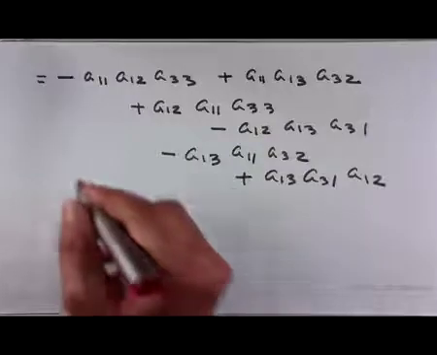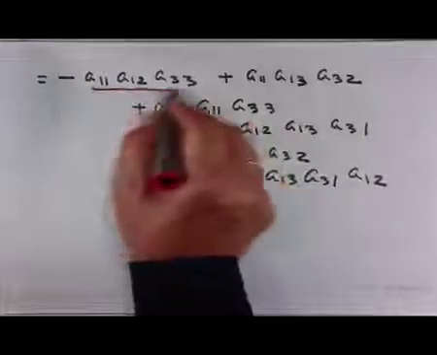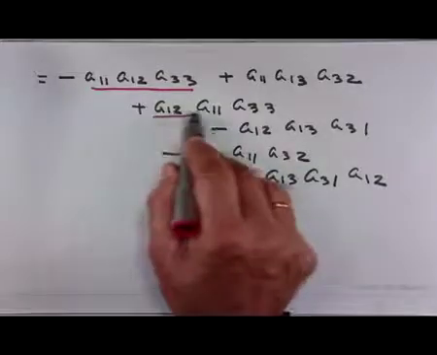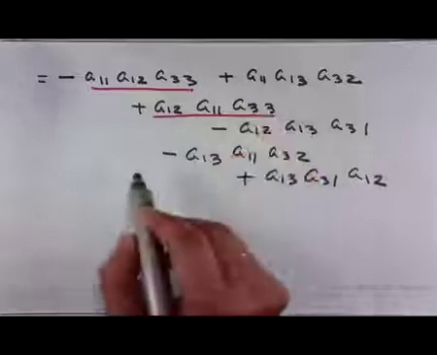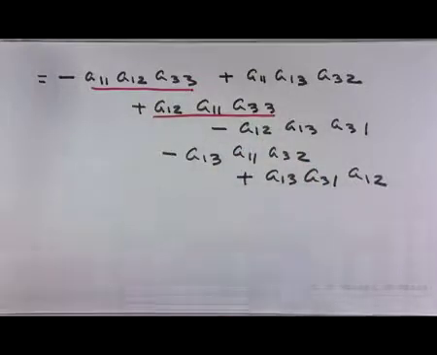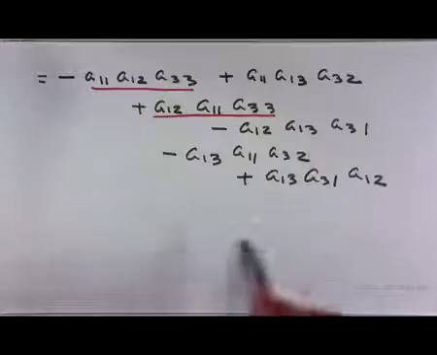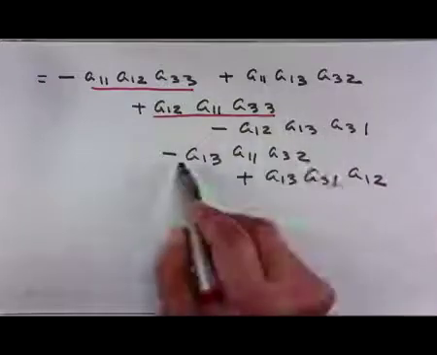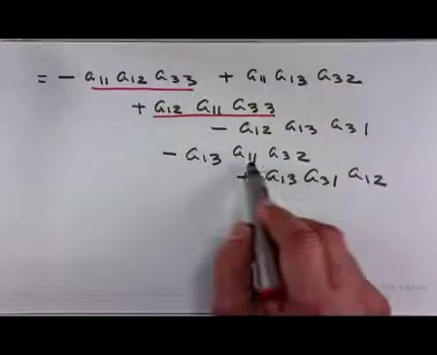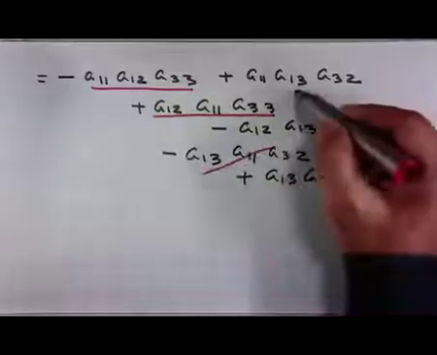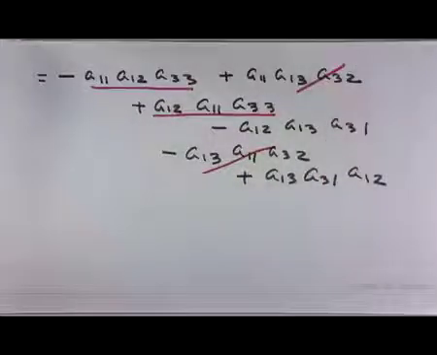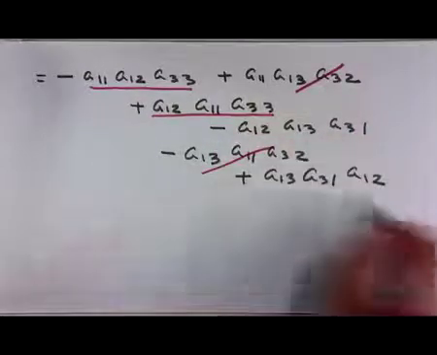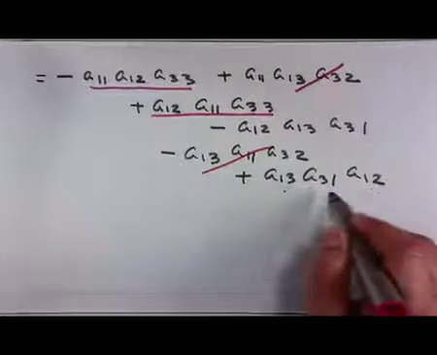We find that minus a11 a12 a33 and plus a12 a11 a33 cancel each other. This is a11 a13 a32, and this is minus a13 a11 a32. Therefore, they also cancel each other. This is minus a12 a13 a31 and plus a12 a13 a31.